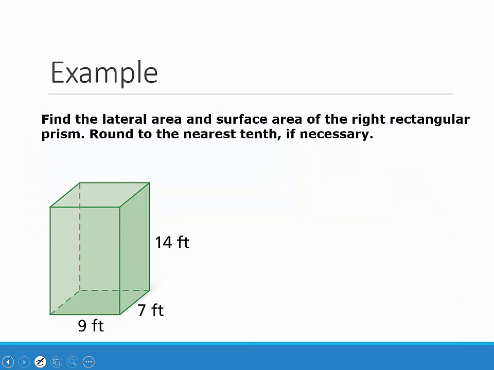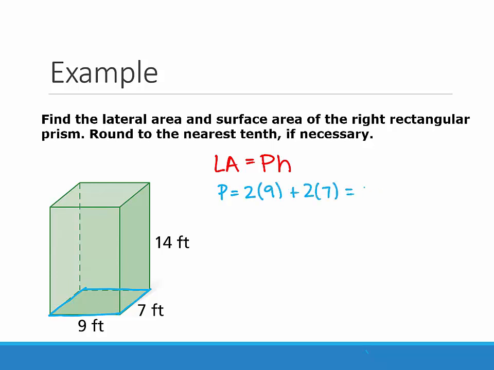So let's do a problem. Find the lateral area and the surface area of the right rectangular prism, round to the nearest tenth if necessary. So let's find lateral area first. We need to take the perimeter and multiply it by the height. And remember, this perimeter that we're finding is the base perimeter, so it's all the way around here. So our perimeter, since it's a rectangle, is 2 times length, which is 9, plus 2 times width, which is 7.